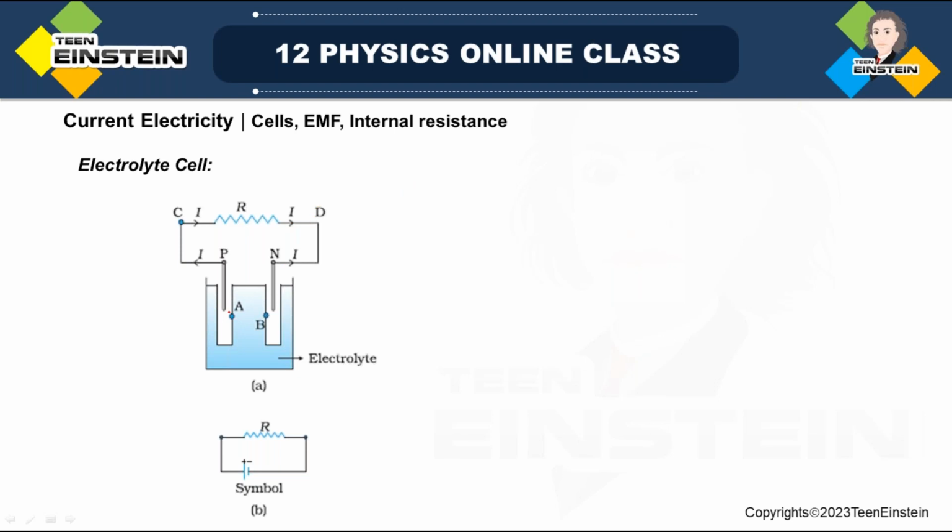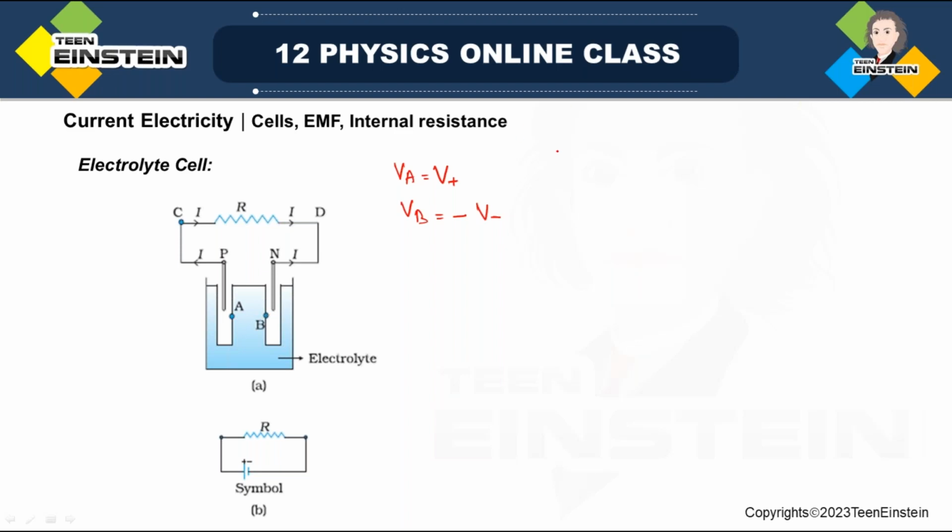So let us say point A has some positive potential, V plus; I can also write VA is equal to this. And the potential at point B is some negative potential, V minus. Then what is the potential difference?